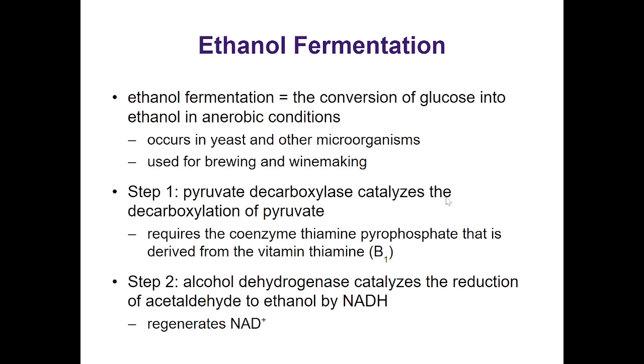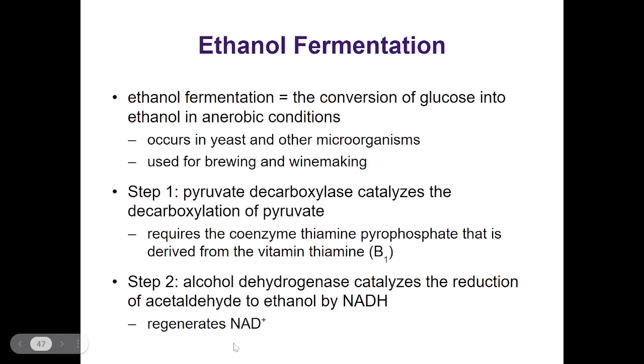So step 1, pyruvate decarboxylase catalyzes the decarboxylation of pyruvate. This is going to require a coenzyme, thiamine pyrophosphate. This is derived from vitamin thiamine B1. Step 2 is going to be the alcohol dehydrogenase catalyzes the reduction of the acetaldehyde to ethanol by NADH.